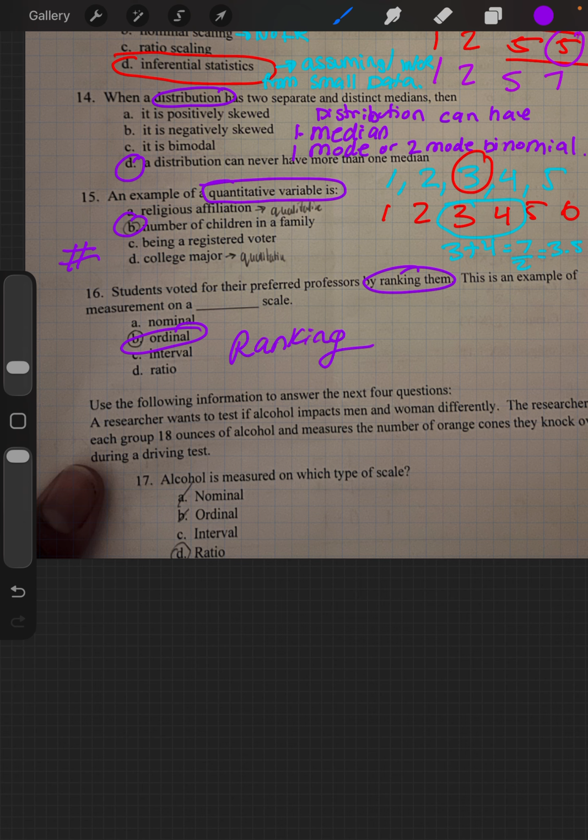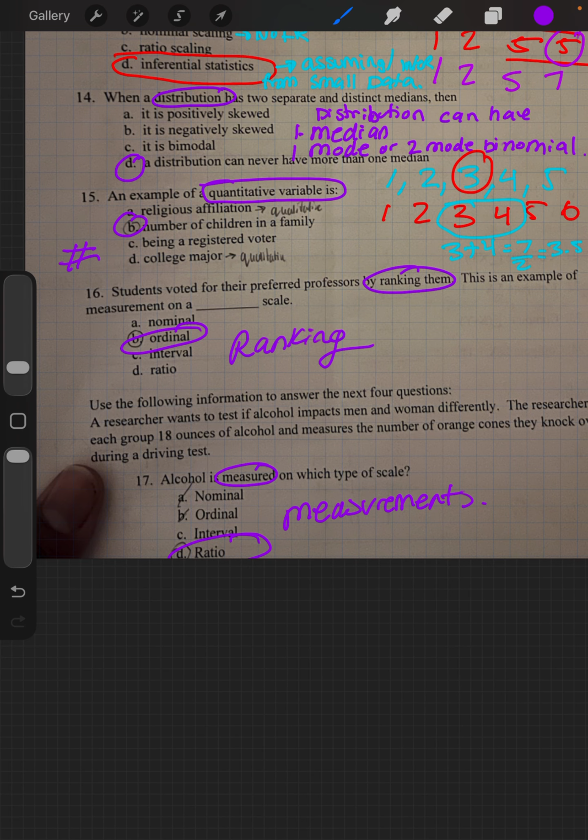And then alcohol measured is going to be ratio. Measurements. Okay.